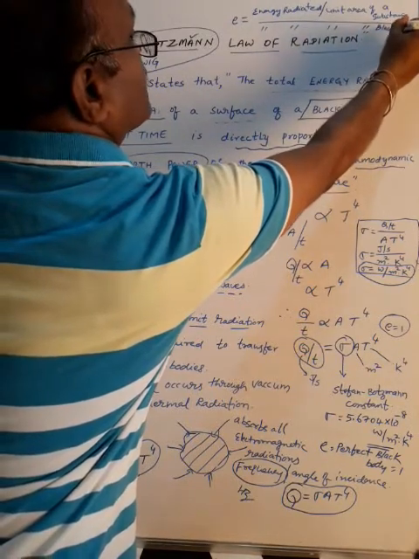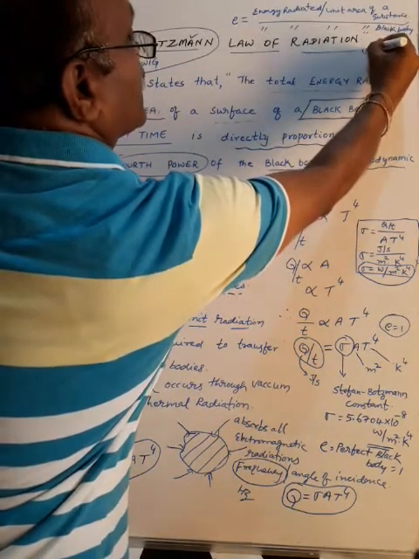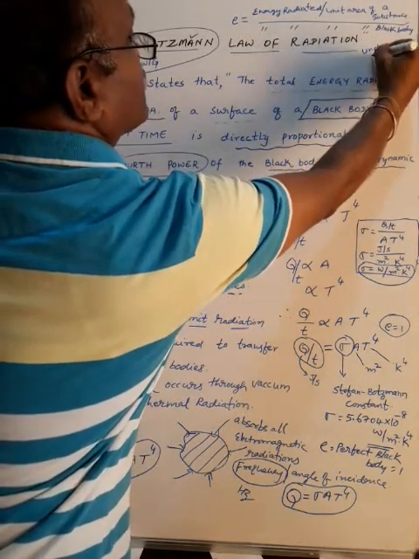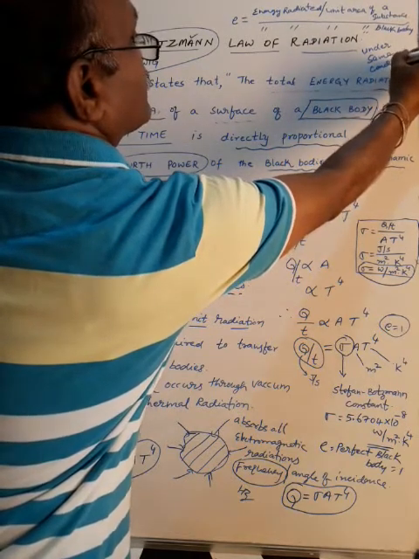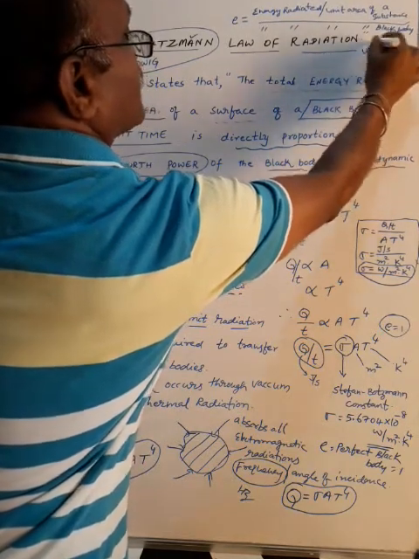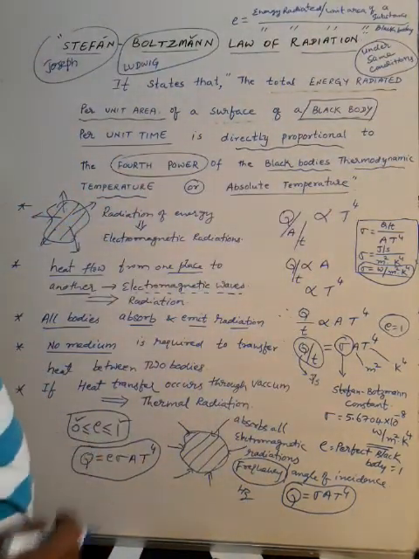Here the only difference is the black body, but this is very important, under the same conditions. This is the definition of emissivity.